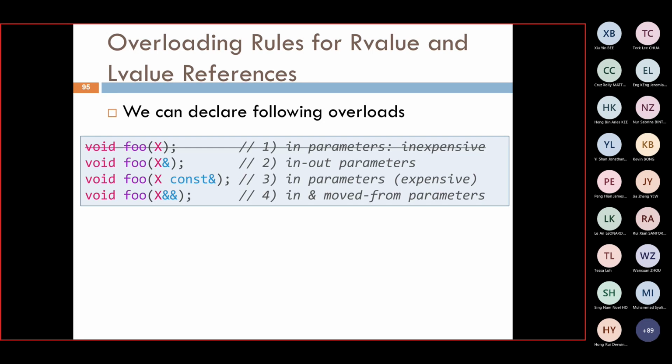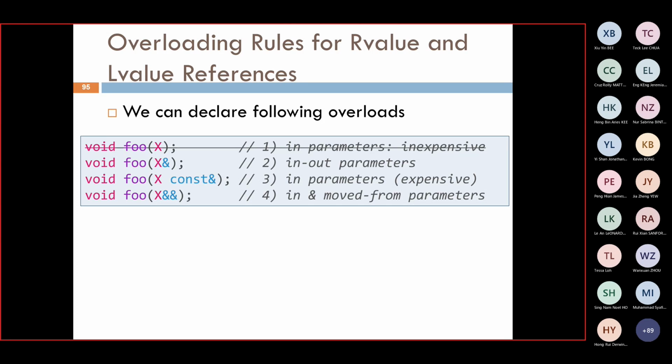But if you get rid of 1 and you just want to pass an int variable to foo, then the compiler is going to pick the first one, because that is the most suitable if that particular variable is not const. If the variable is const, it's going to pick 3. If you pass the literal 3, it's going to pick 3, and so on and so forth.